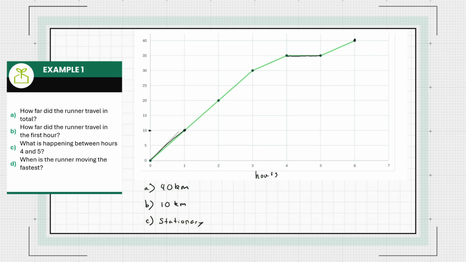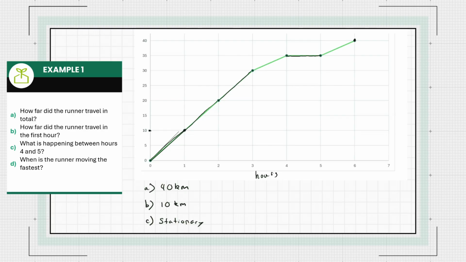Okay, when is the runner moving at his fastest? Now this line here is showing that he basically increases between the first hour 10 kilometers. So he's running at about 10 kilometers per hour here, again here, and again here, and then we start to slow down.